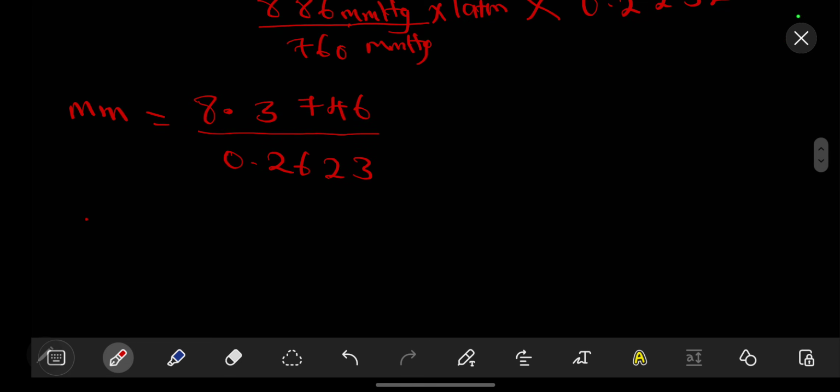So I'm going to get my molar mass to be equal to 31.93 grams per mole.